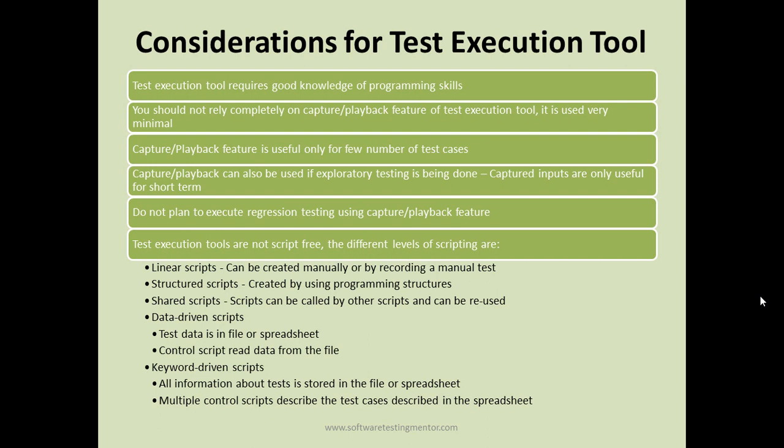In a keyword-driven framework, you have all information about the test stored in a file or spreadsheet, and then multiple control scripts implement the test cases described in the spreadsheet.